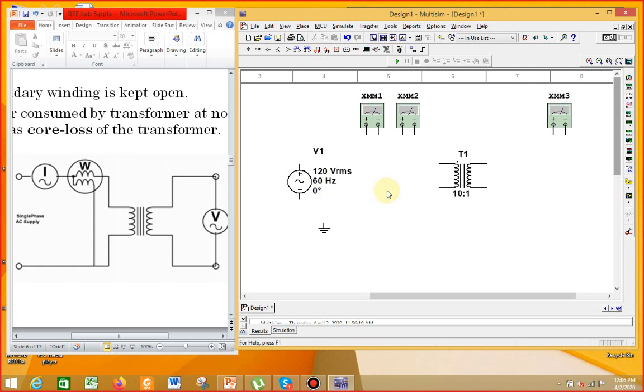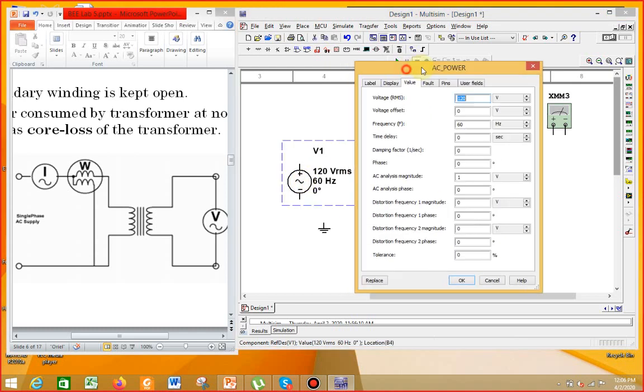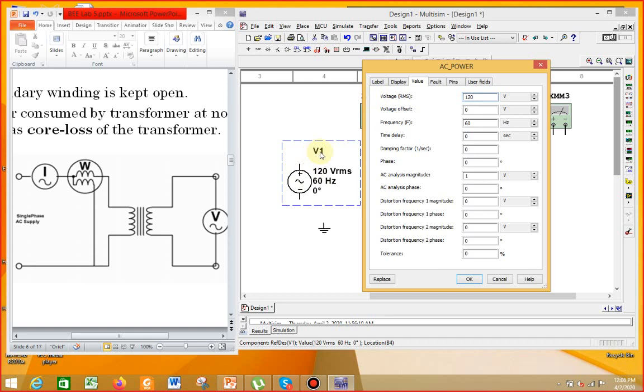So next we need to connect our diagram according to the circuit given, and also we need to configure all the components of our circuit diagram. So first of all, the power supply, I told you that the power supply will be at 220 volts. So just double click on the power supply.